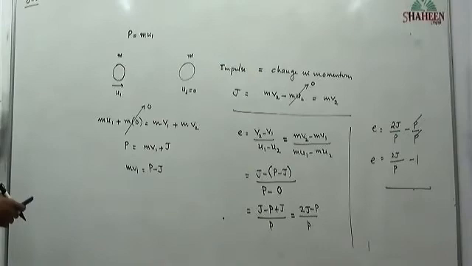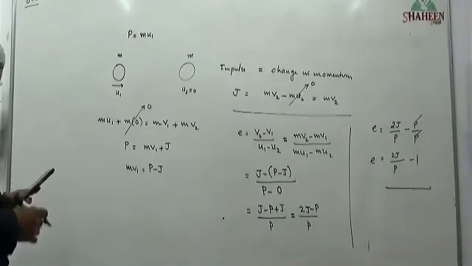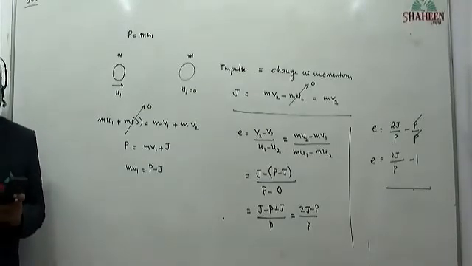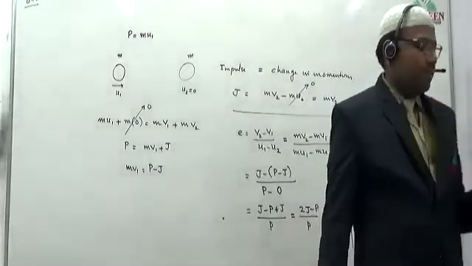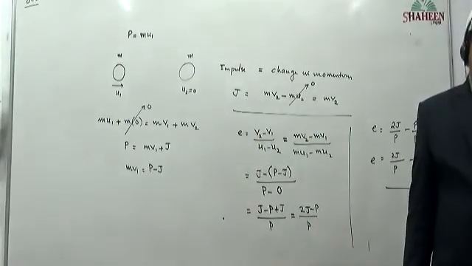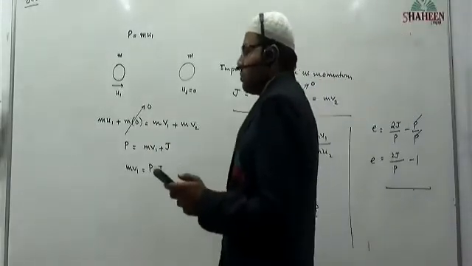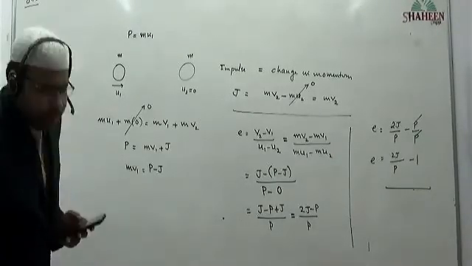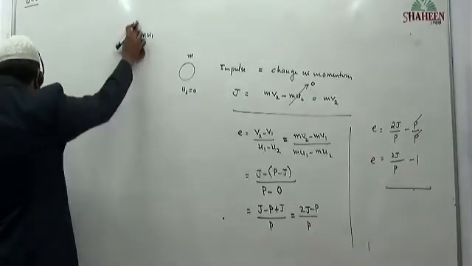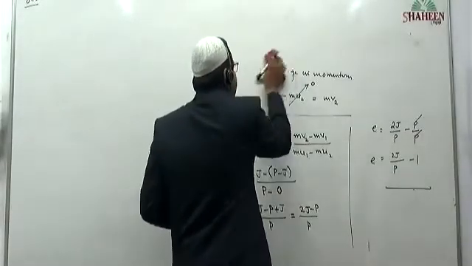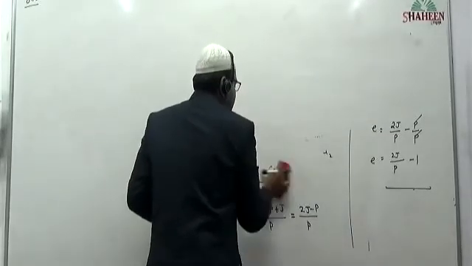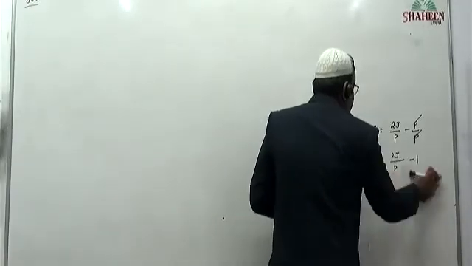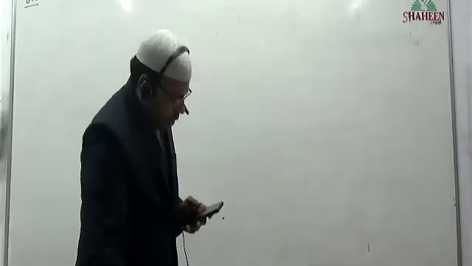Next question, beta. A block of mass 10 kg is pulled by force F equal to 100 Newton.